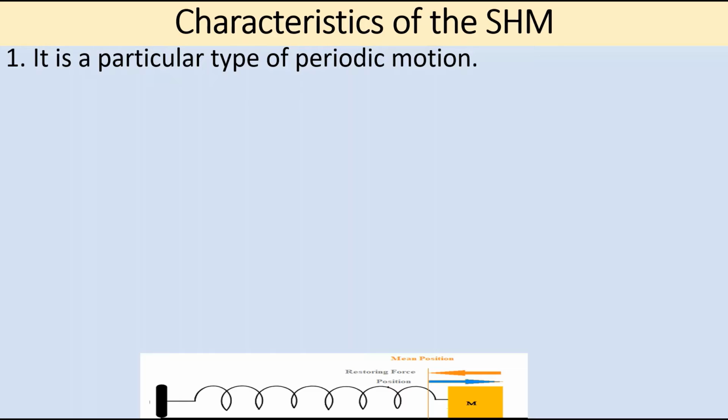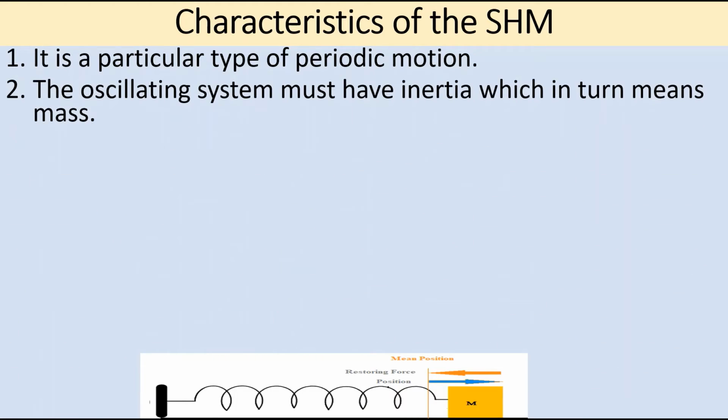It should be an oscillatory motion, that is, the motion is repeated along the same path to and fro about the mean position. So it should be both oscillatory and periodic. That is the first characteristic.